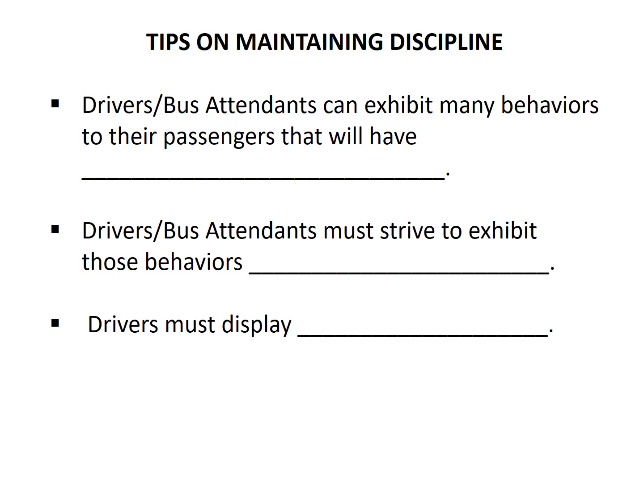So really, the ball is always in your court. Bus drivers and bus attendants must strive to exhibit those behaviors which will help develop positive behaviors in their passengers. And of course, on the driver's side of the house, the drivers must always display good driving skills.